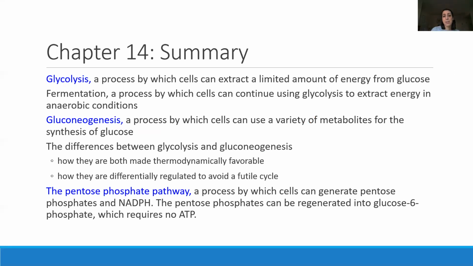Then we also talked about the pentose phosphate pathway. This is a process in which cells can generate pentose phosphates and they can generate NADPH. And we talked about how those pentose phosphates, if they're not being used, can then be regenerated into glucose 6-phosphate without using ATP. So this whole side shunt process in which glucose can be regenerated and utilized to make NADPH.